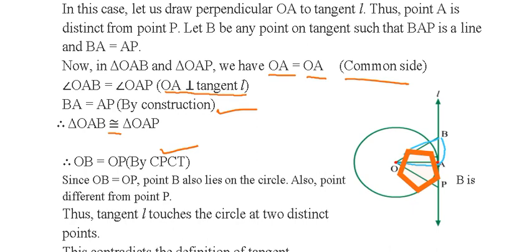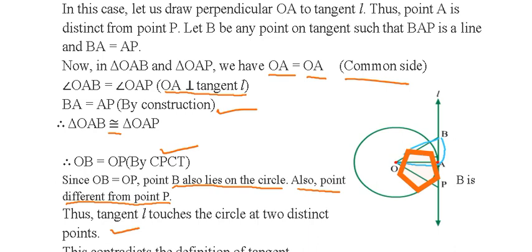So that's why we can say that OB equal to OP. OB is a side and OP is a side of that. Since OB equal to OP, point B lies on the circle, also a point different from point P. Thus, tangent L touches the circle at two distinct points, right?